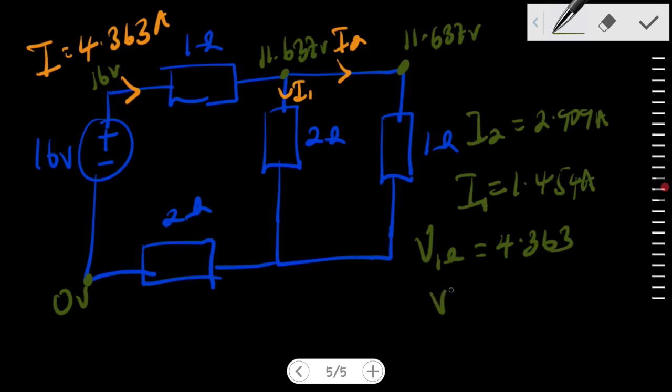Let's say V of the 2 ohm resistor would be equal to 2 times the current that goes through it, which is I1, and I1 was 1.454, right? So it is 2 times 1.454, giving me 2.908 volts, right?